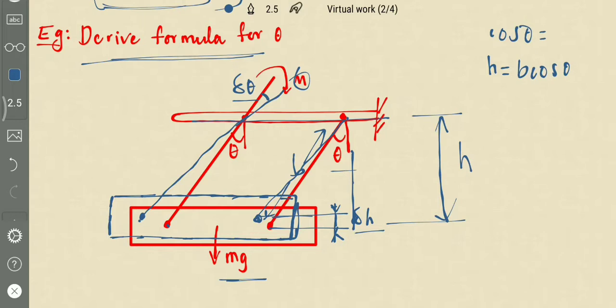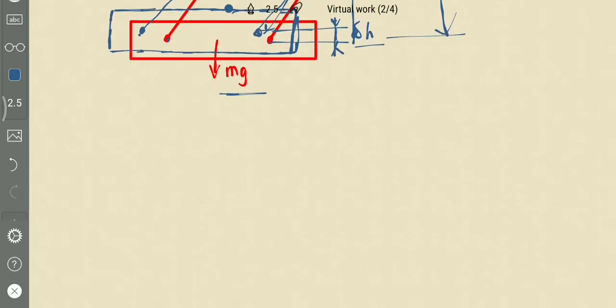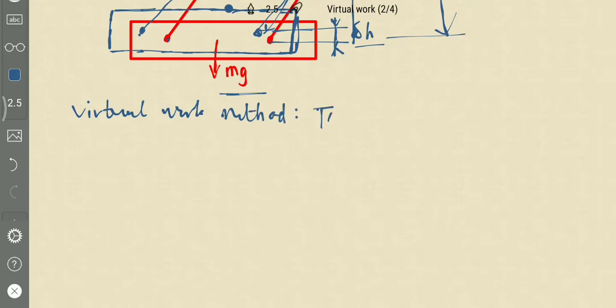The adjacent side for theta is h, and the hypotenuse is the length of the link, which is b. So h is equal to b cos theta. Now, what is the virtual work method? In the virtual work method, total work done should be 0.